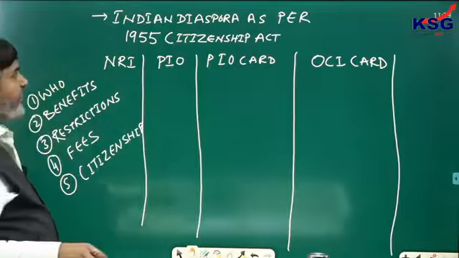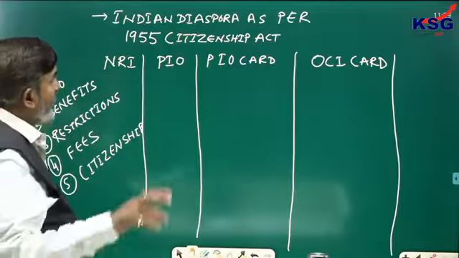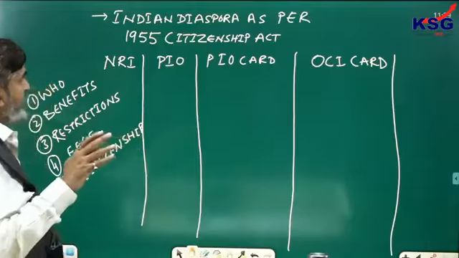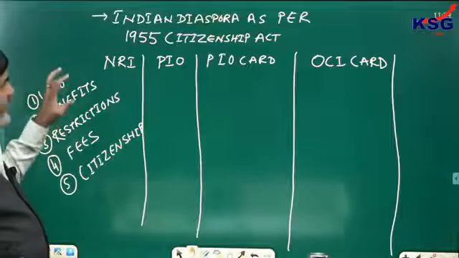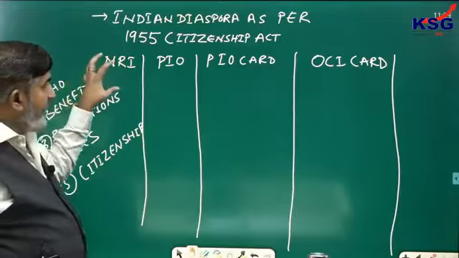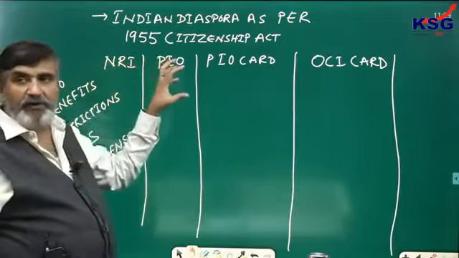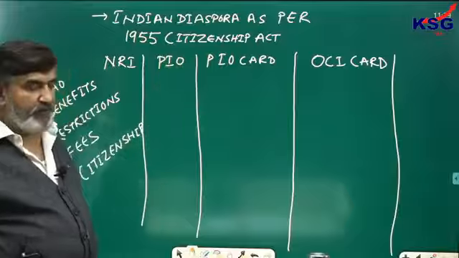So the first topic is, who are Indian diaspora as per 1955 Citizenship Act? So they are basically NRI, PIO card holder and OCI card holder.